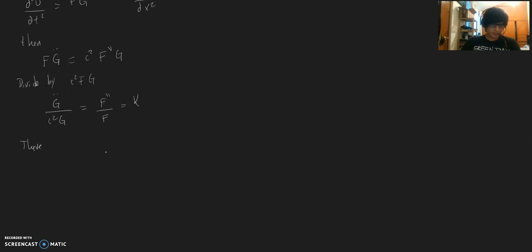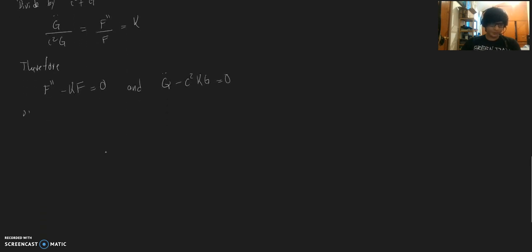And therefore, f double prime minus kf is equal to 0, and g double dot minus c squared kg is equal to 0. So we can now solve using k equals minus p squared, where p is n times pi over L, squared, this is minus.